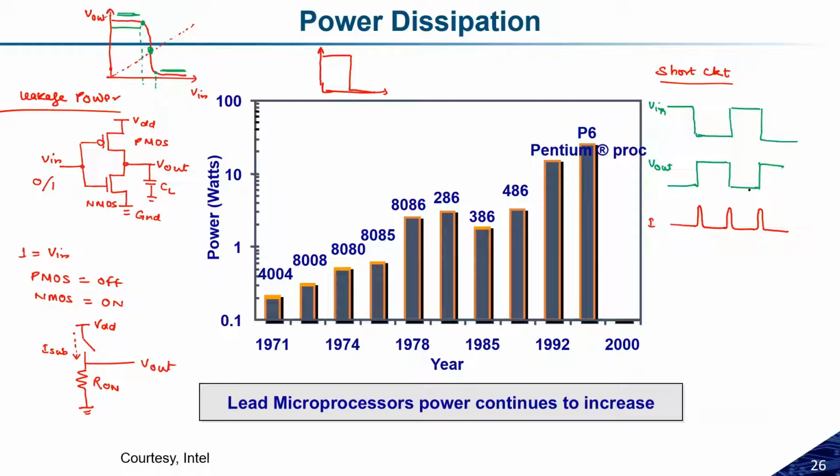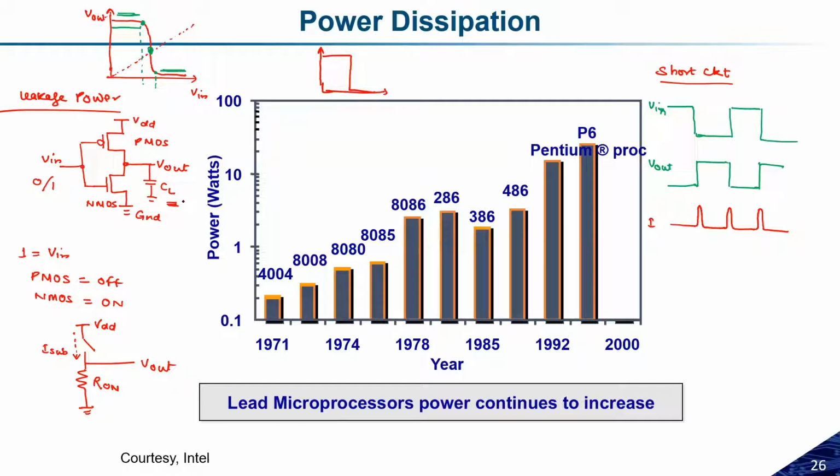To avoid this, what can we do? The simple solution is to make the transition as fast as possible, so the rise time and the fall time should be as small as possible. Rise time and fall time depend on the capacitances we have used here. If capacitance is low, the RC time constant will be low, and if the RC time constant is low, the charging and discharging time will also be low.